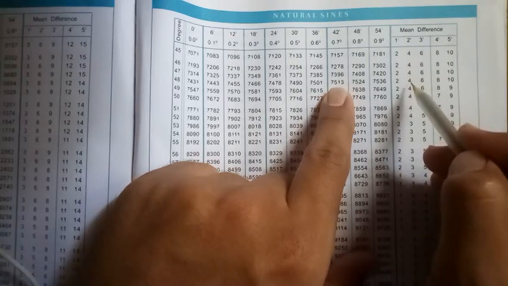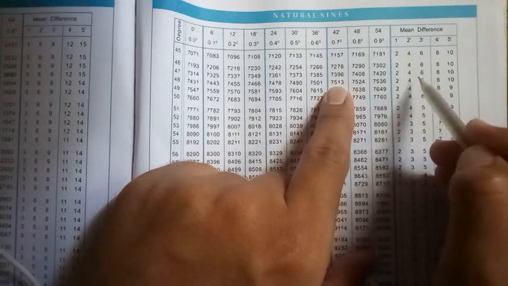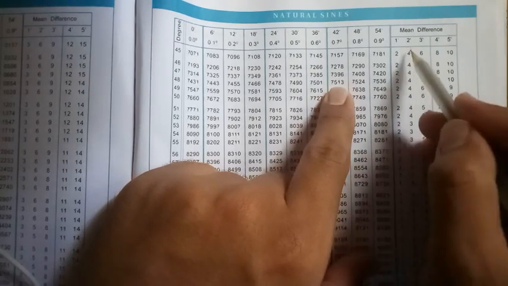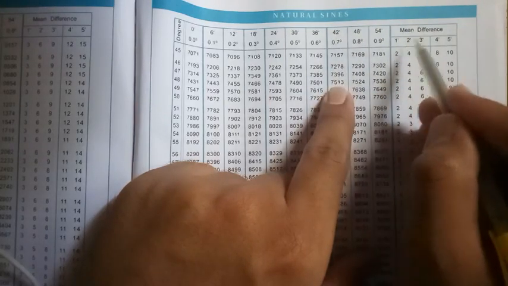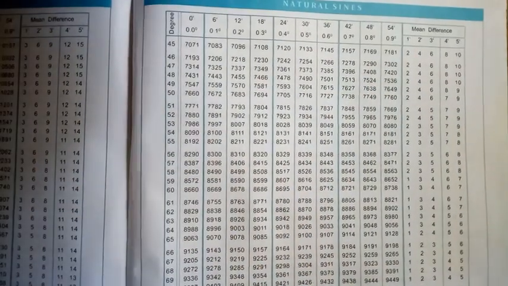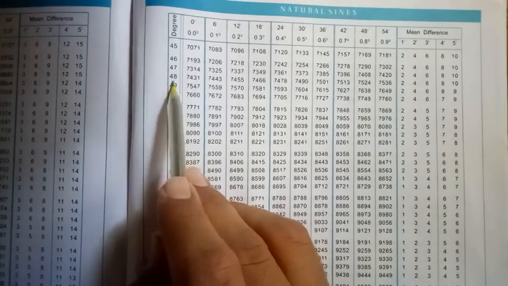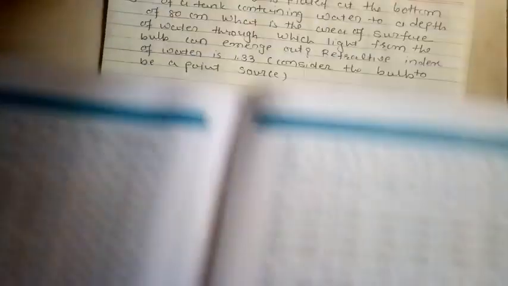Because we have to find out the value of 0.7518, if we add 4 then 0.7517, right, which is around 0.7518. So we have to add 2 minutes, so 42 plus 2, so 44 minutes, right? So our answer is 48 degree and 44 minute.